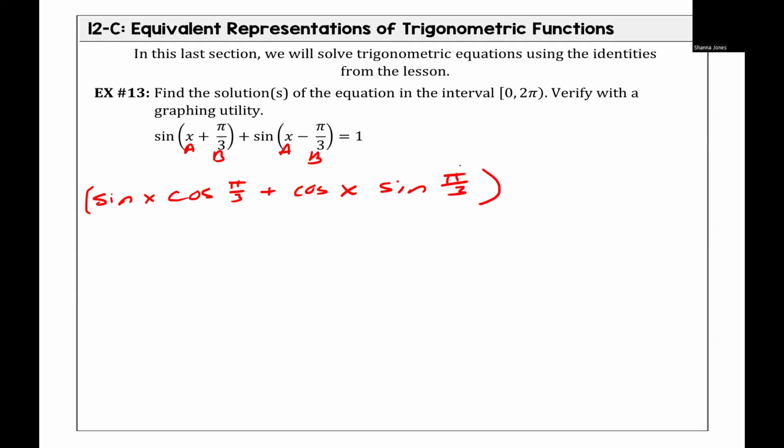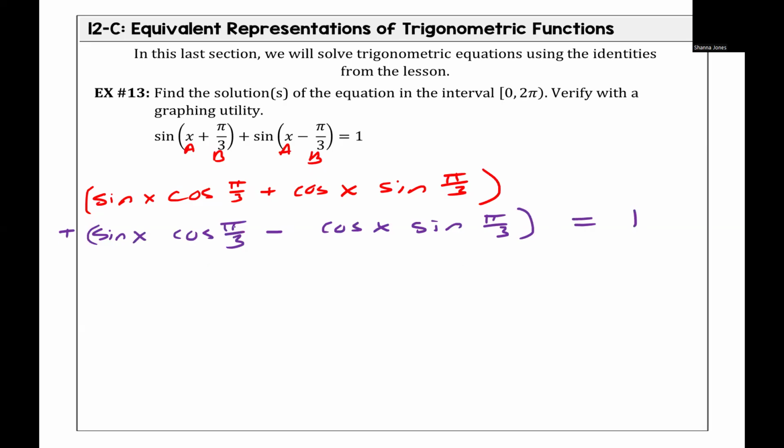The second one is going to be subtracting. I'm going to do it below because I'm not going to have enough room. So I have plus, and we're going to do the sine of x cosine of pi over 3 minus cosine of x times sine of pi over 3. And altogether, this has to equal 1.